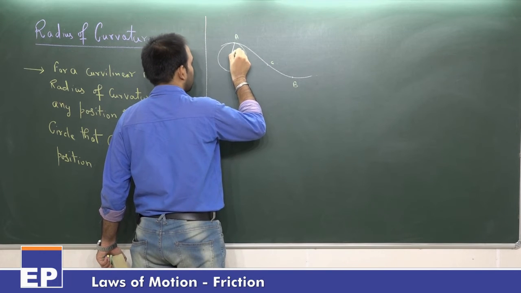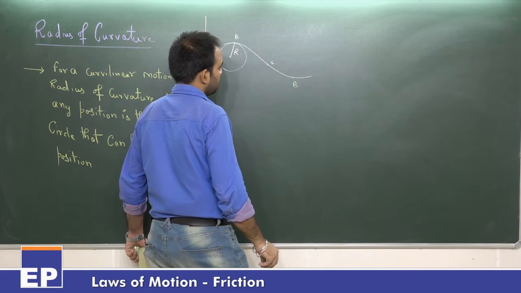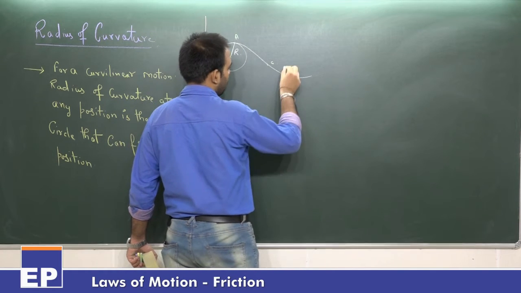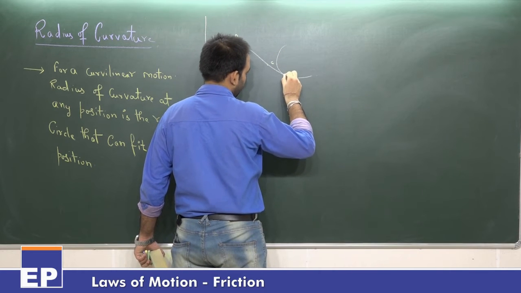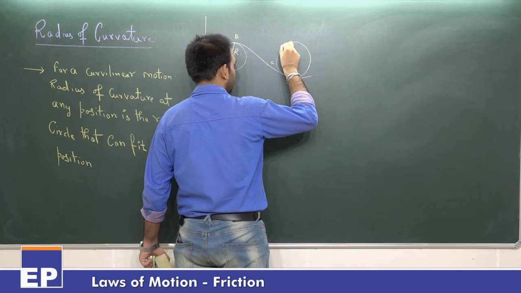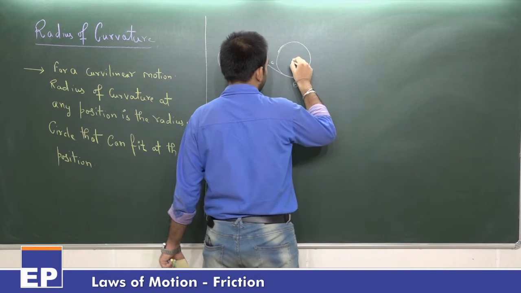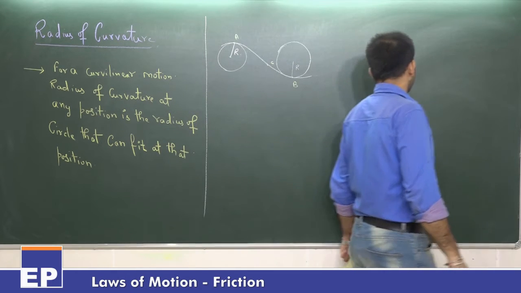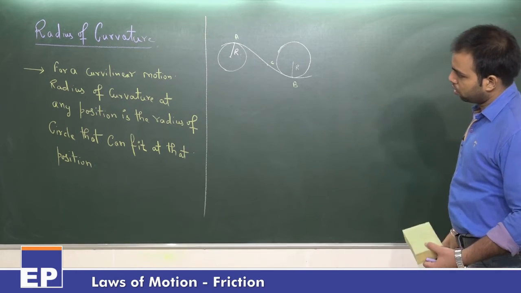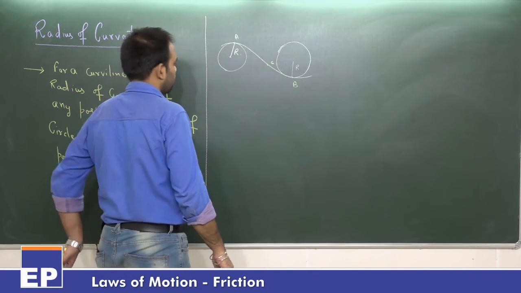Its radius will be called the radius of curvature at this point. Radius of curvature at this. Right? So look, what is the way to find it?